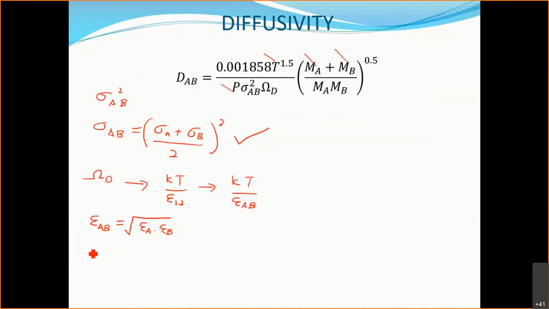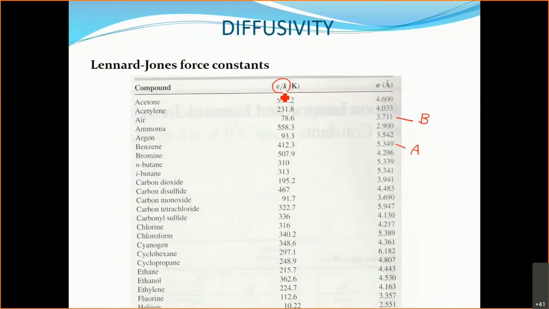We know that epsilon AB is the square root of epsilon A times epsilon B. Now, if I put epsilon A over K times epsilon B over K, I'm actually finding epsilon AB over K. We just modify it so that we can actually use this term here.